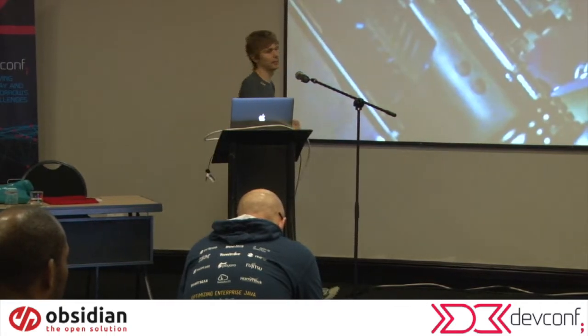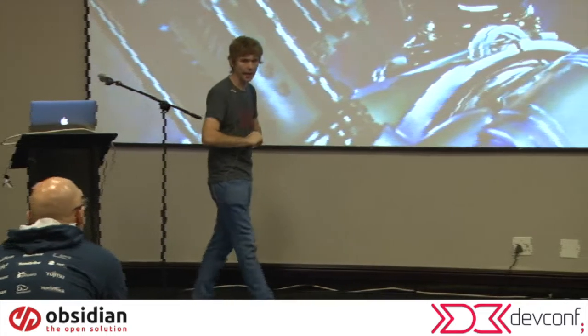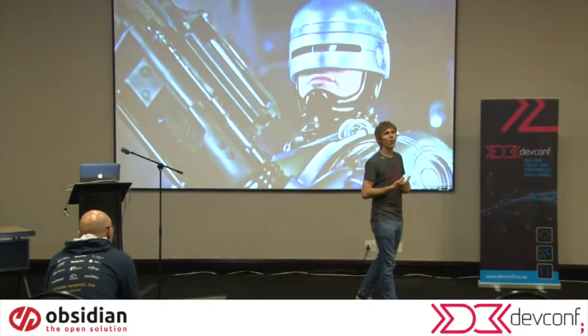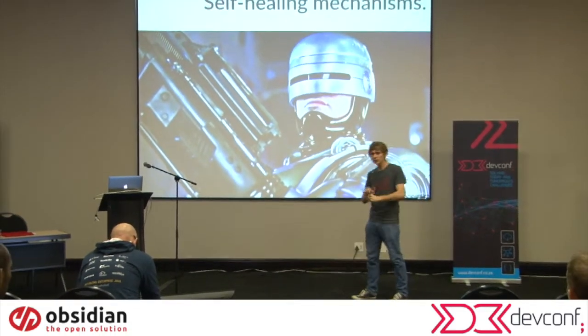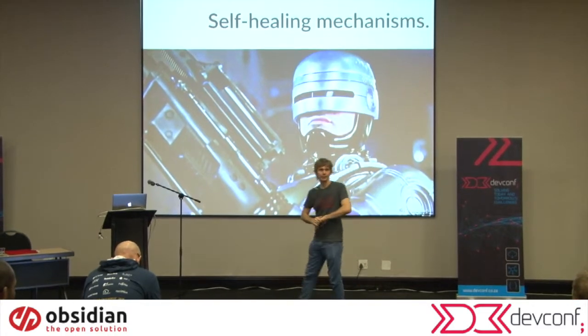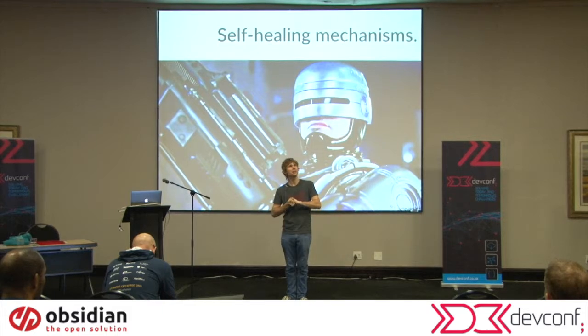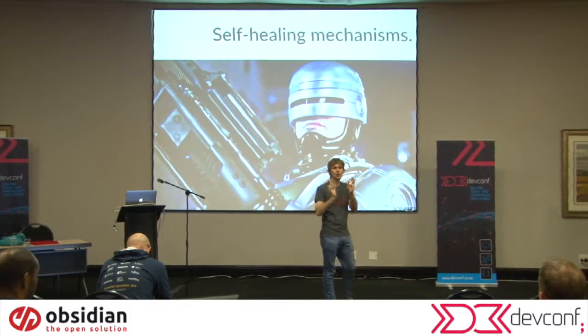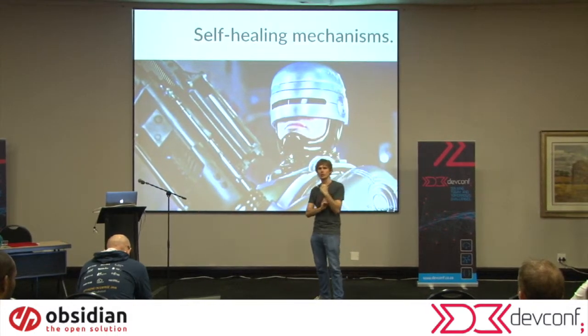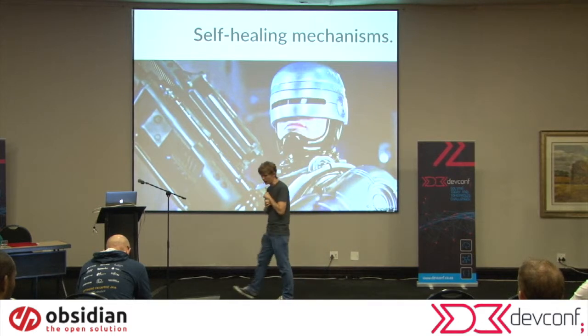Okay, cool. Self-healing mechanisms is the last thing that I'll chat to you about quickly. Basically, what I found really useful is when you have a support issue that crops up frequently. So if, for example, you have an upstream system that gives you a certain kind of bad data every once in a while. I'll give you an example.